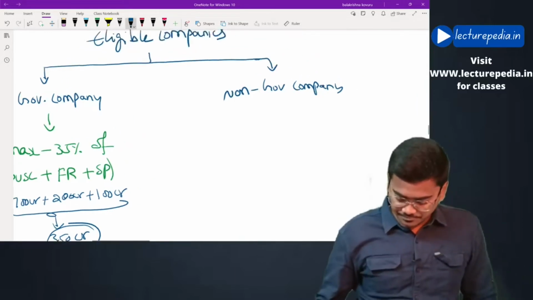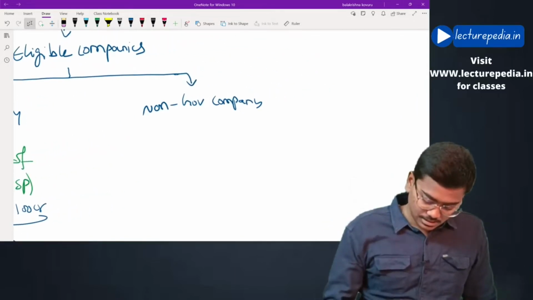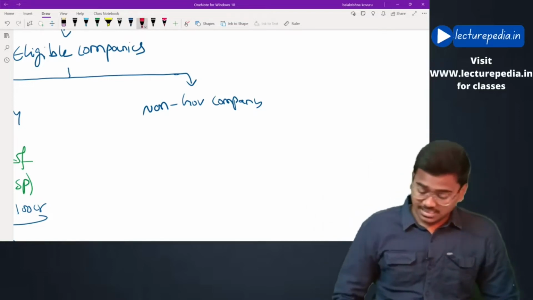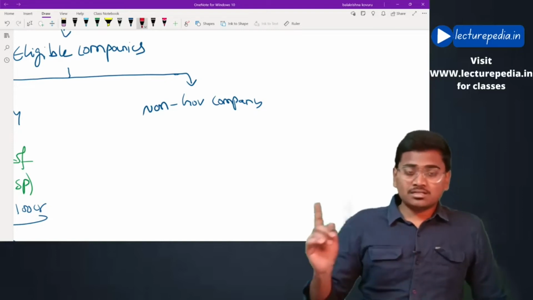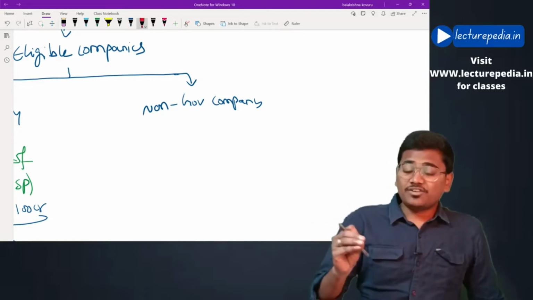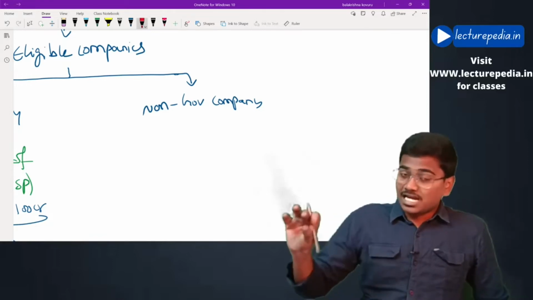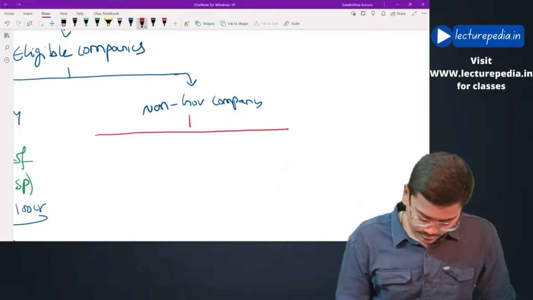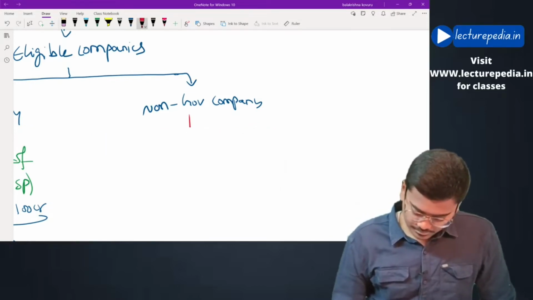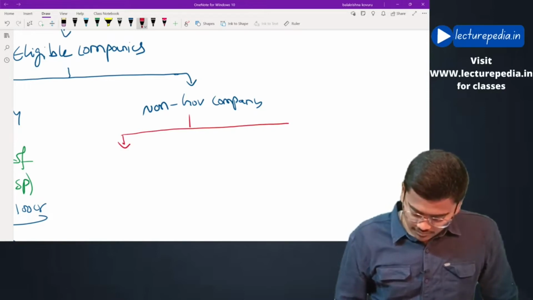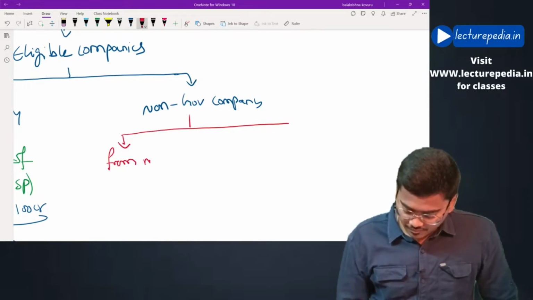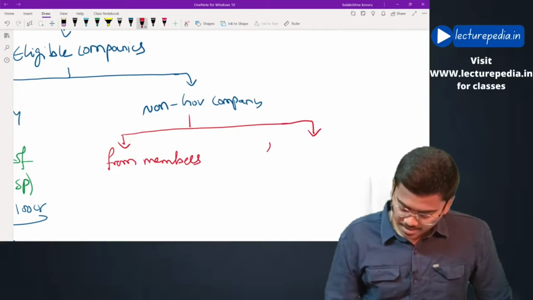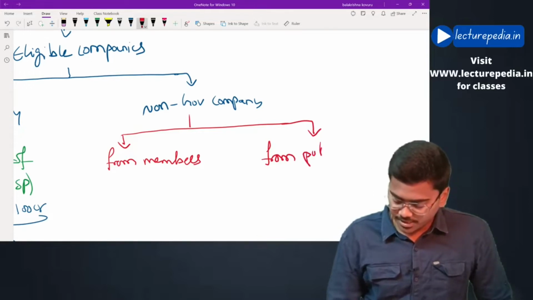Hope this is clear. Next, in case the company is a non-government company, in that case there is a separate limit for acceptance of deposits from members and from public. Let us see. First of all, deposits from members, deposits from public.